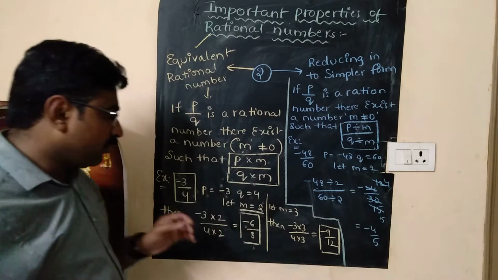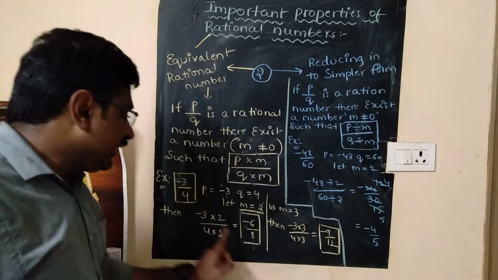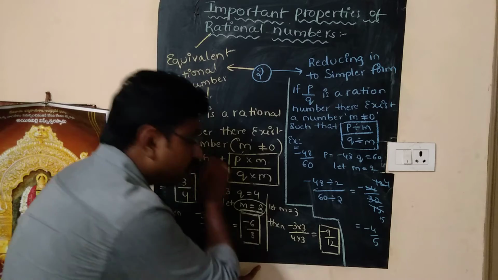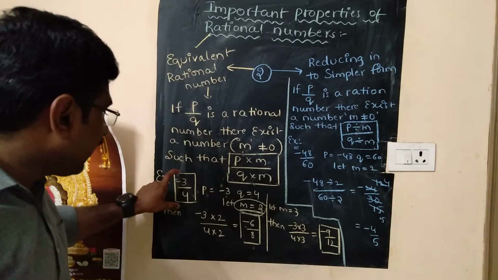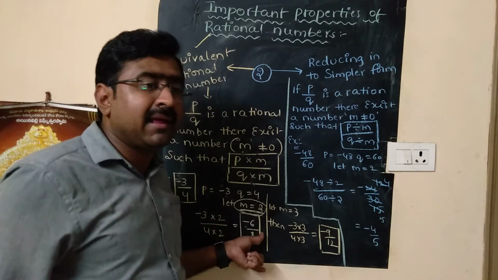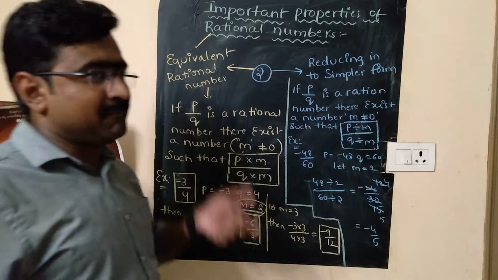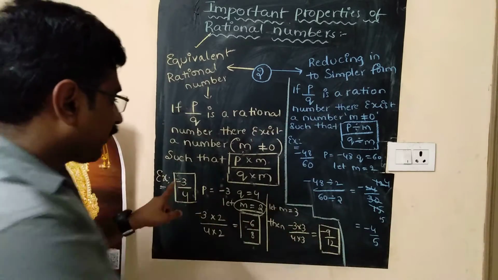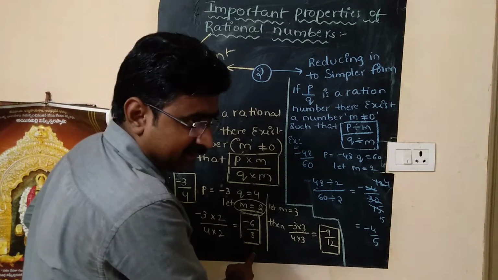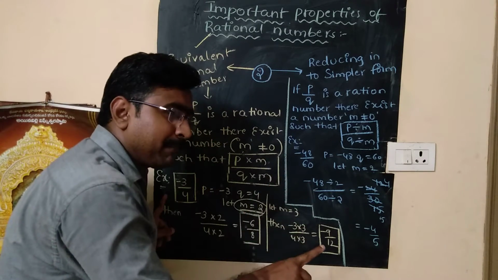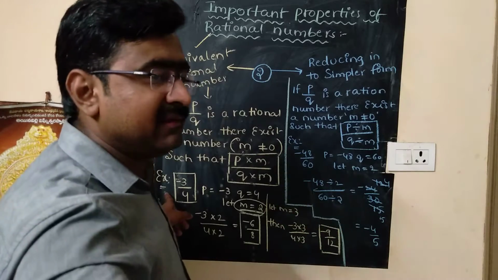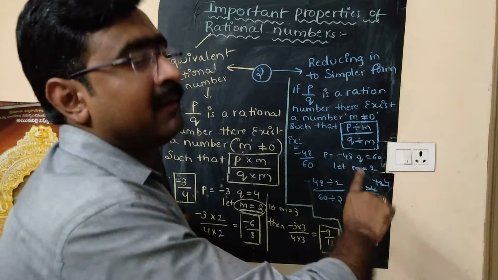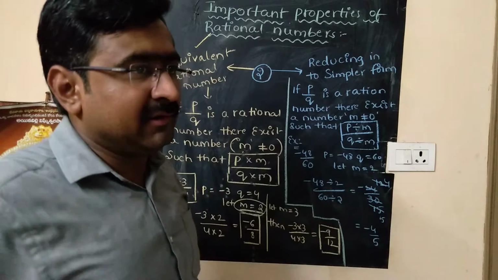Correct? So right now, minus 3 by 4 is equal to minus 6 by 8 because m is equal to 2. Now we can see that minus 3 by 4 and minus 6 by 8 are equivalent rational numbers. Got it or not? Multiplying a non-zero integer m with the numerator and m with the denominator will give the equivalent rational number.